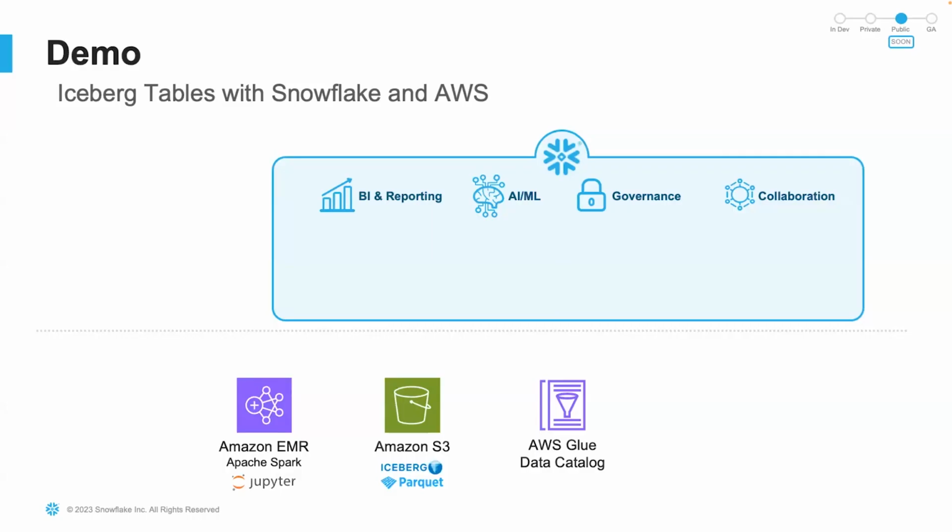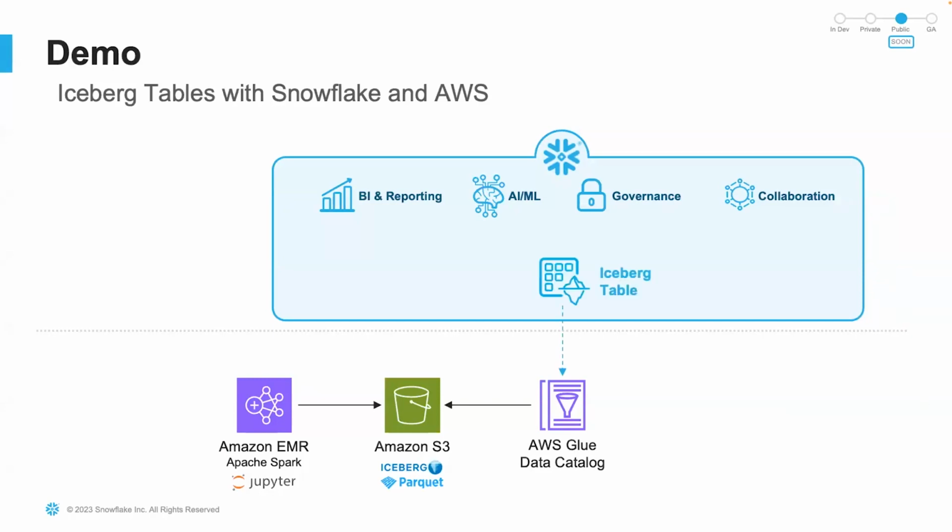So let's see this in action. Let's take a look at a demo and see how all these pieces can come together. What we'll see in the demo is we'll start off with a Jupyter notebook that's connected to an EMR cluster. There's going to be some data and some tables that are preloaded and referenced through the AWS Glue catalog.